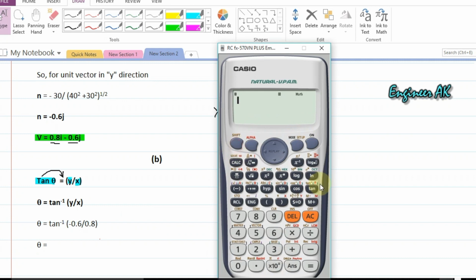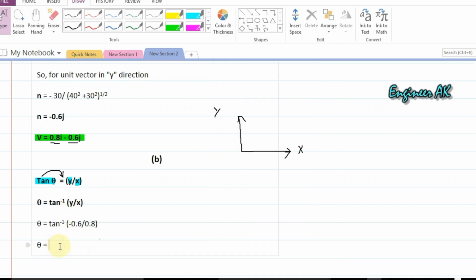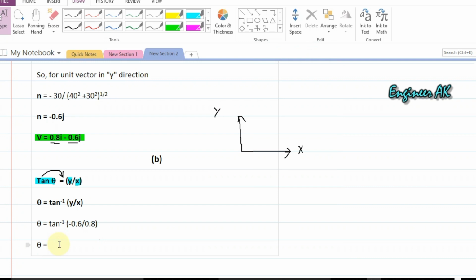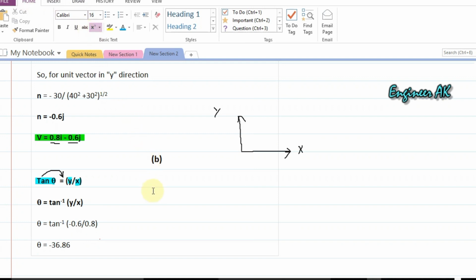So tan inverse of minus 0.6 divided by 0.8 equals, I get minus 36.86 degrees.